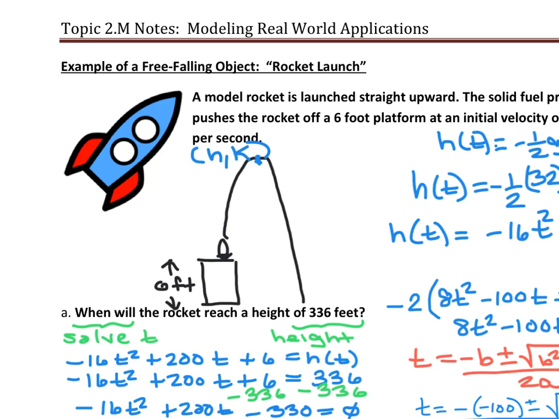So I've got some height of 336 feet, and I'm going to hit that height in two different time points. One, very quickly, less than 2 seconds. And then it's going to hit its peak and come back down. And at 10.54 seconds, I'm going to hit that height again.